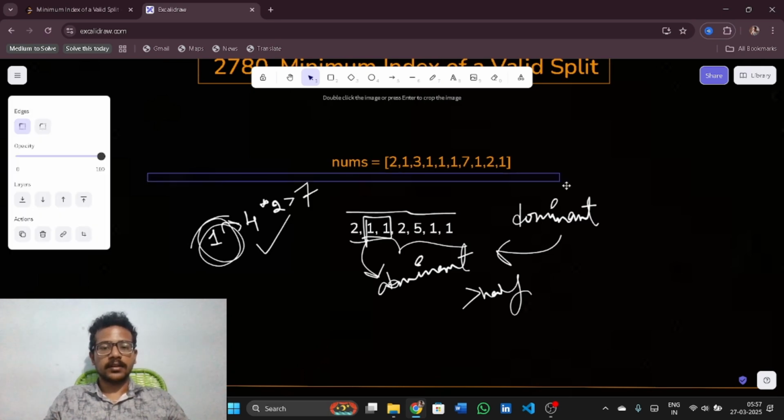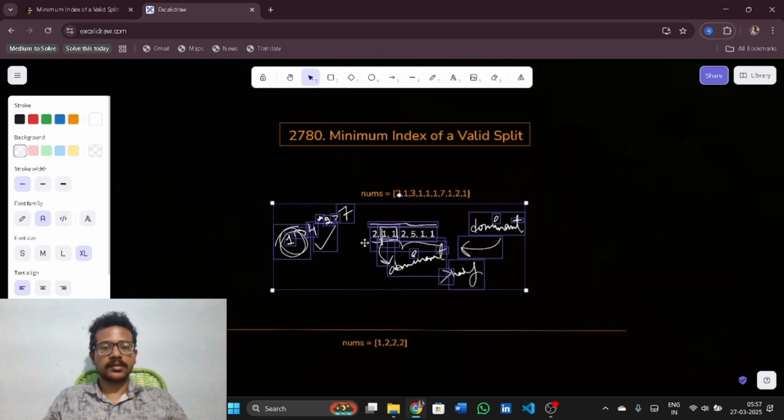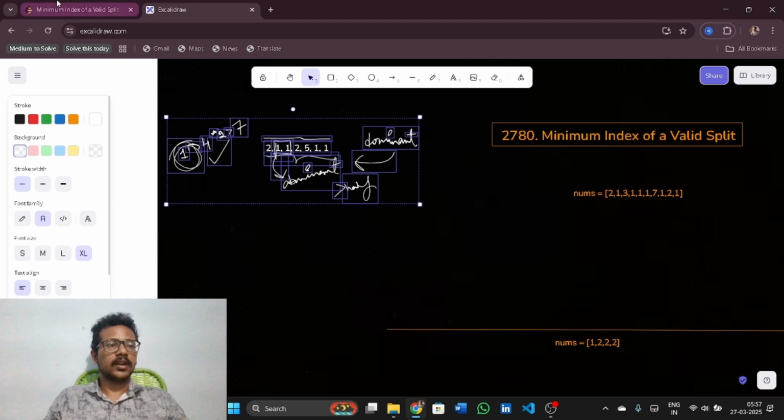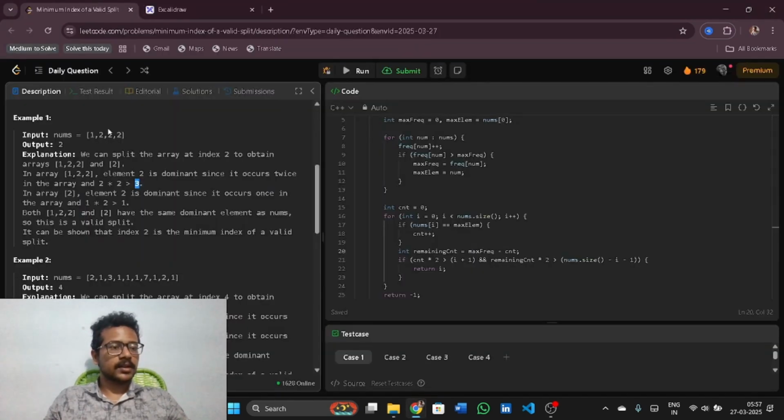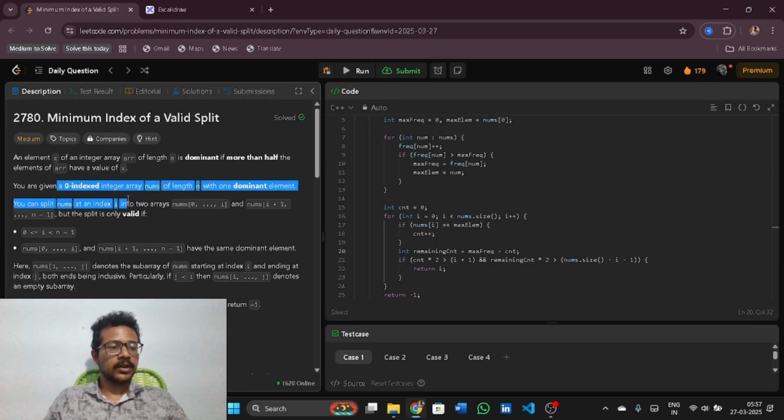So let us go through the question. You are given a zero-indexed integer array nums of length n with one dominant element. So if you clearly see, there is only one dominant element.